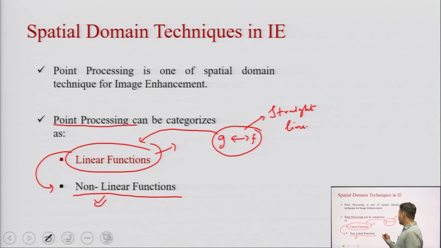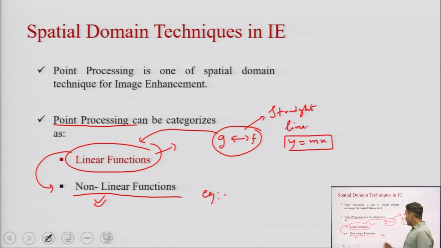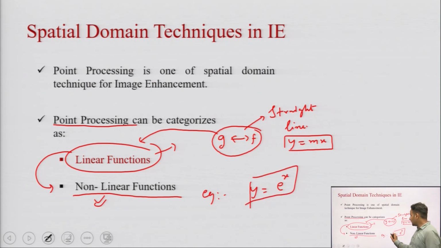For example, y equal to m x is an example of a linear function. A non-linear function is, for example, if on the vertical y axis we have y, and on the horizontal axis we have x, then y equal to e raised to the power x gives a non-linear function.